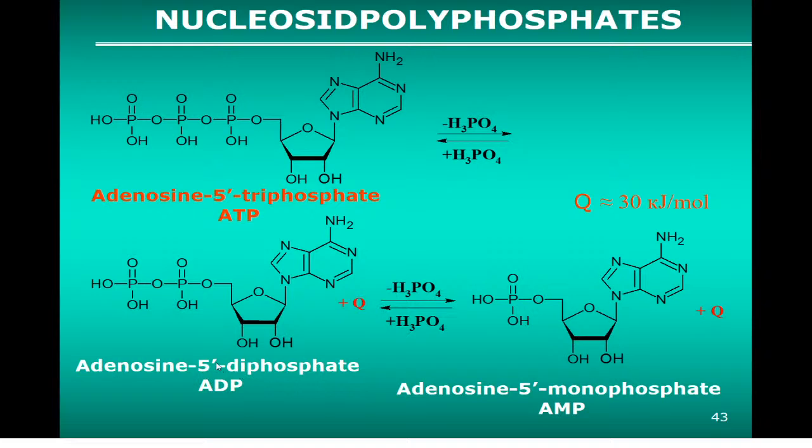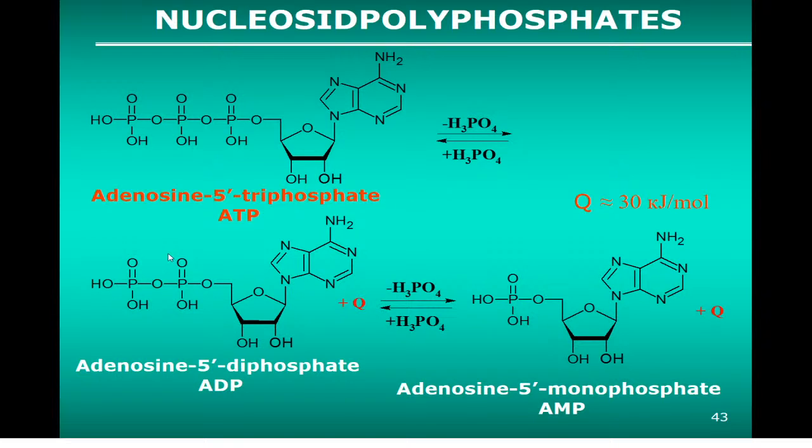Here it's essential to indicate the fifth position. Why? Because diphosphate can be 3,5-diphosphate, one phosphate at the fifth position, one at the third position. Such diphosphates are present in nature and are formed due to partial hydrolysis of nucleic acids.